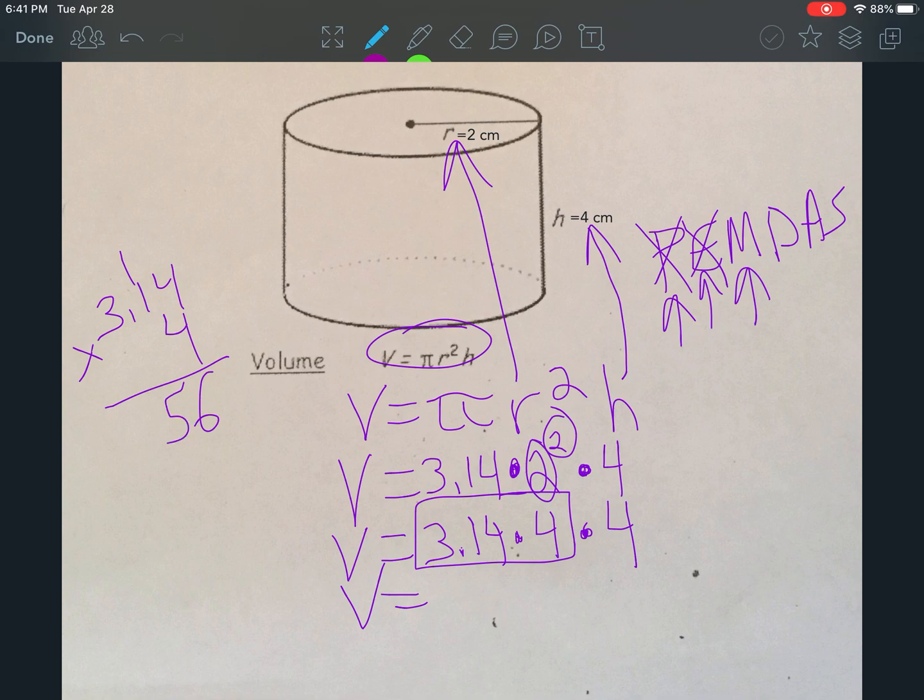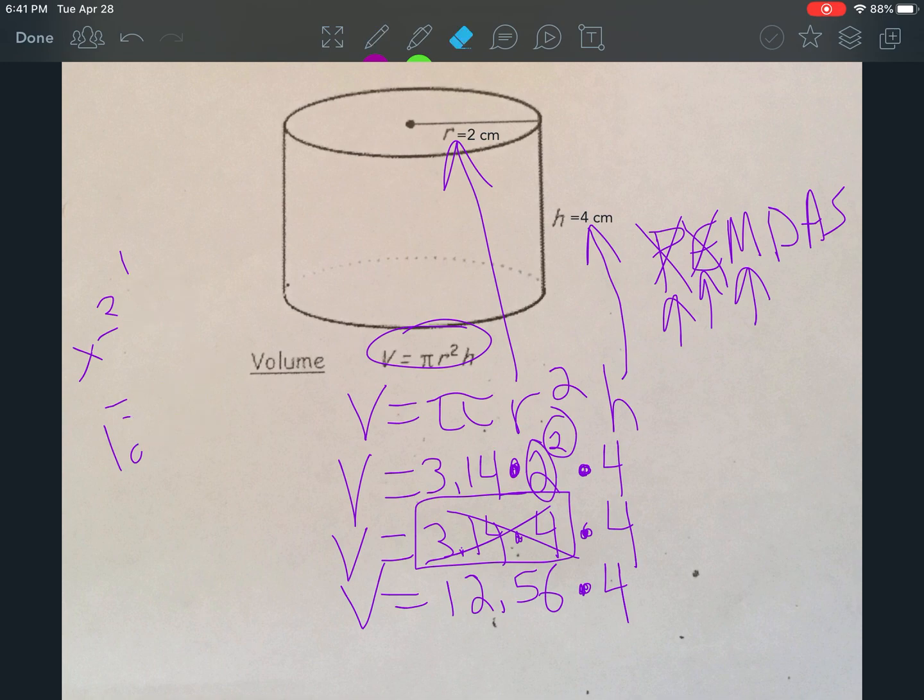And then 4 times 3 is 12. And then we have 2 spots to the right of the decimal, so our decimal would go right there. So now we have 12 and 56 hundredths. So we've completed that part. And then we still have to bring down our multiplication and our 4. Okay, so now we're down to just one problem left, where we have 12 and 56 hundredths times 4.